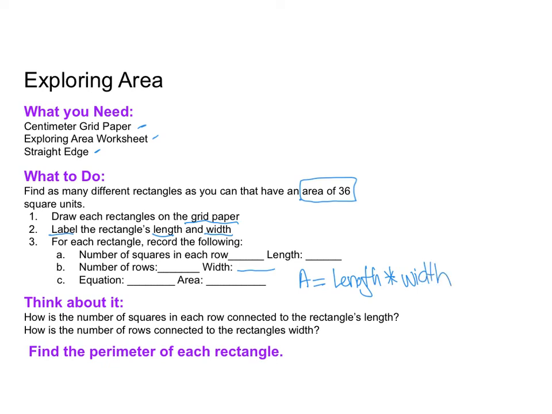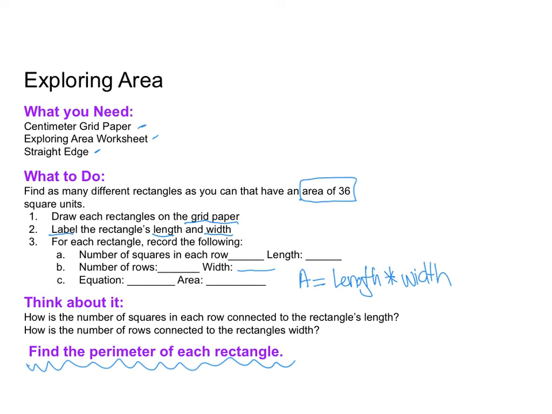A couple things to think about while you're doing this is, how is the number of squares in each row connected to the rectangle's length? And also, how is the number of rows connected to the rectangle's width? One additional thing, we would like you to find the perimeter for each rectangle.